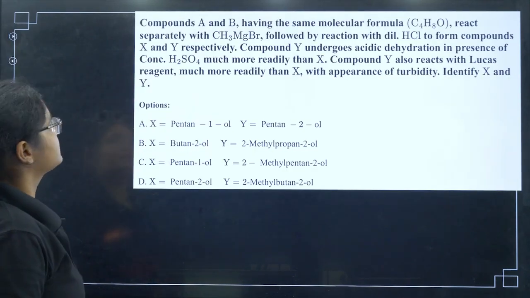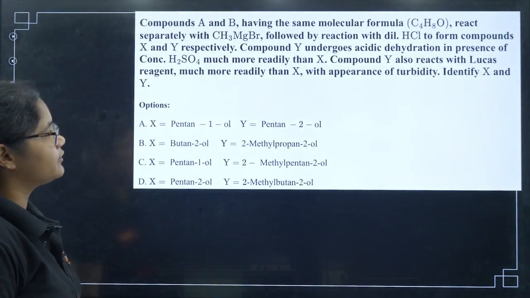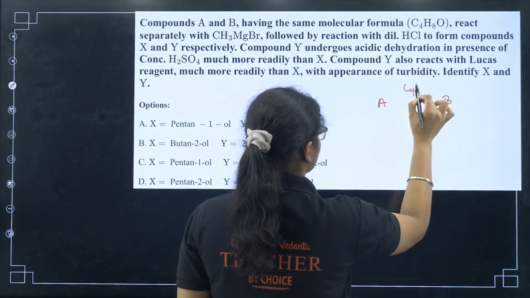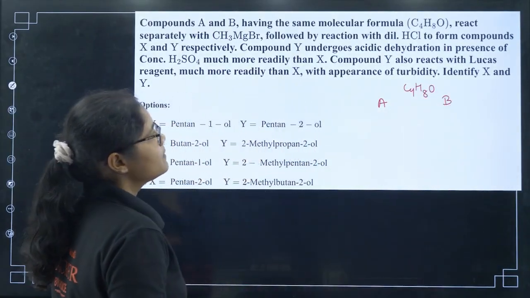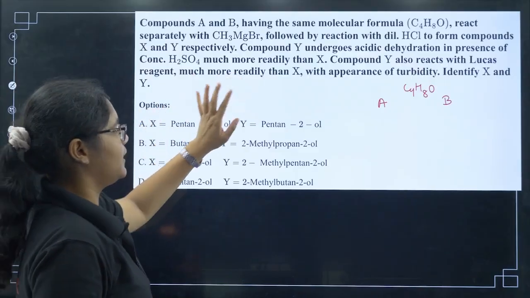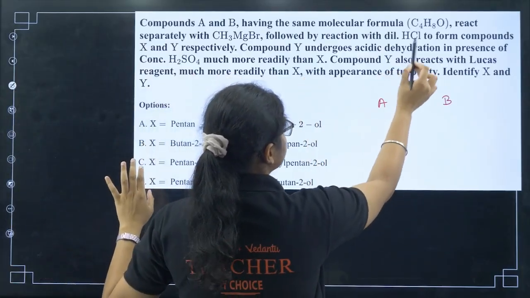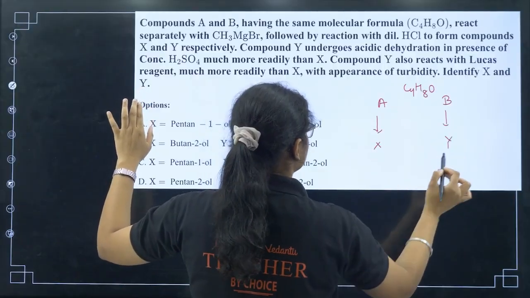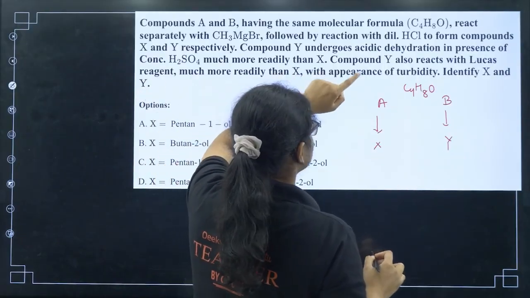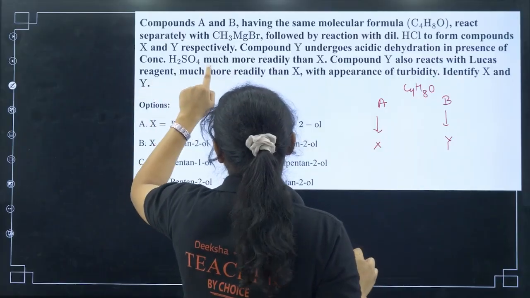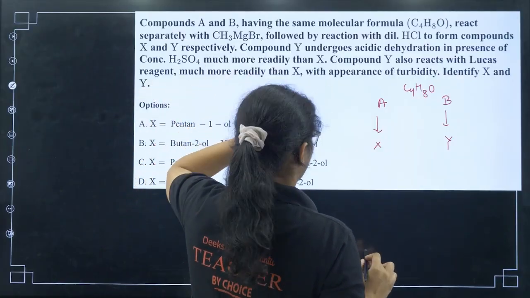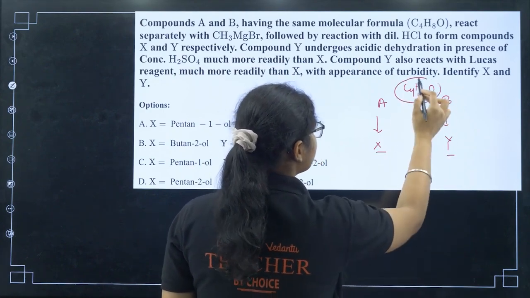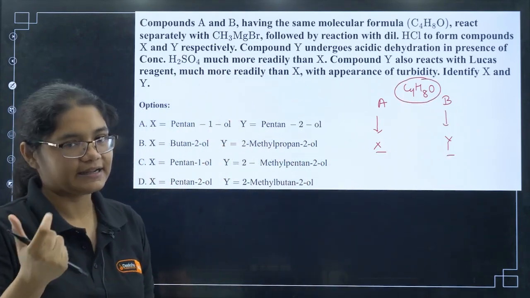Okay. Next, compounds A and B having the same molecular formula C4H8O react separately with CH3MgBr followed by reaction with dilute HCl to form compounds X and Y. Now compound Y undergoes acidic dehydration in presence of H2SO4 more readily than X. Generally, if they are functional isomers, they will be aldehydes or ketones.